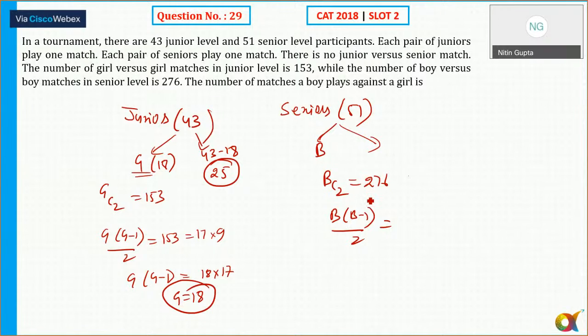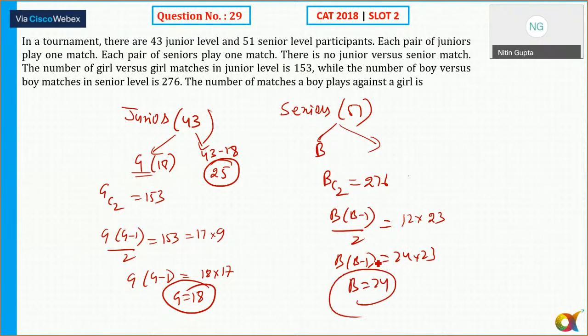It seems to me it's 12 into 23. So I'll get B into B minus 1 equal to 24 into 23. So the number of boys is 24. So how many girls are there at this level? That is 51 minus 24, which is 27.